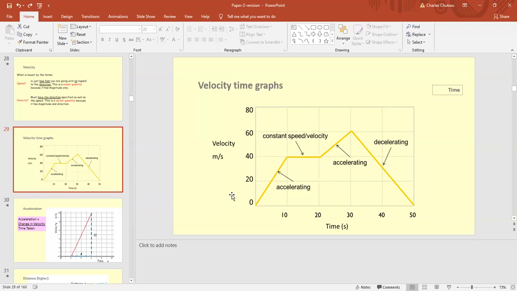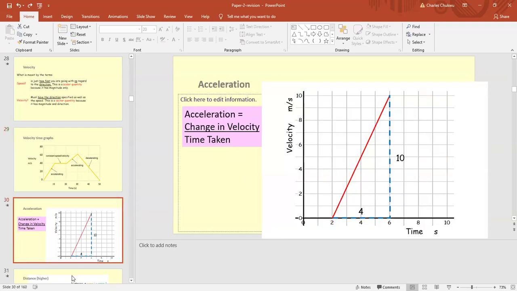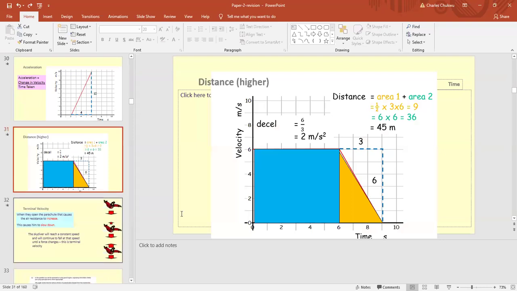So this one will give you the acceleration. Those are just examples of graphs.